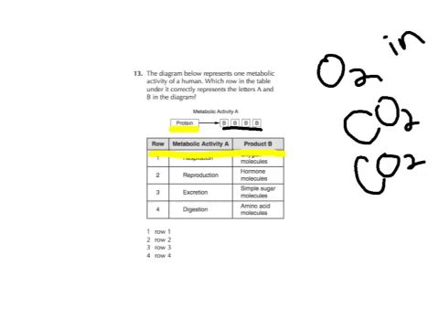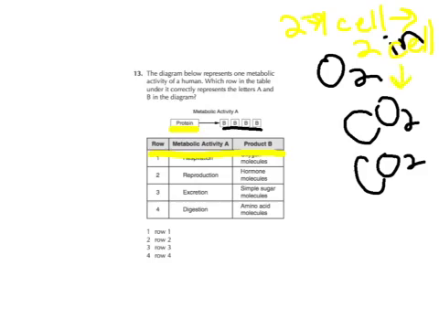So, okay. What else could this be? Well, if we take a look at reproduction, could this be reproduction? Reproduction, what is that? You're going to start with 1 cell, and you're going to go into 2 cells, and usually, actually, reproduction is 2 cells going into 1 cell, then turns into 2 cells, and goes into many more cells.